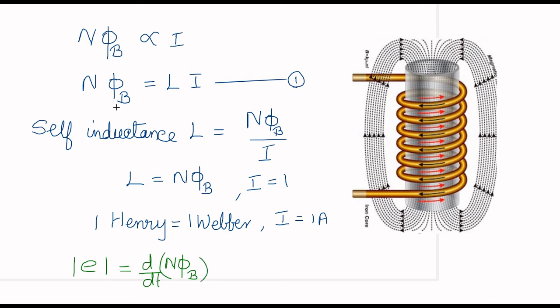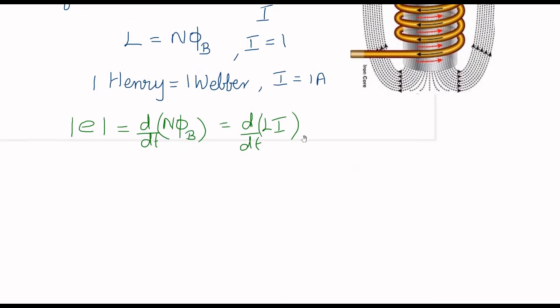So if you differentiate n phi b, RHS is d by dt of Li. So here we write E, magnitude of induced EMF, equal to d by dt of Li, or this is equal to L into di by dt.